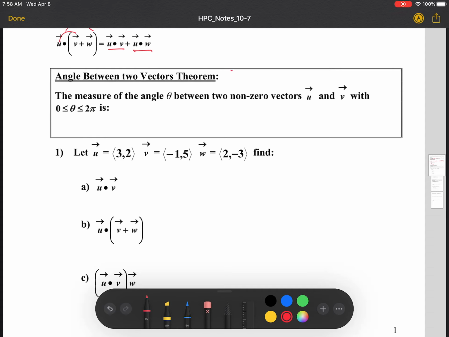Moving on. Angles between two vectors. This is what the dot product helps us with.